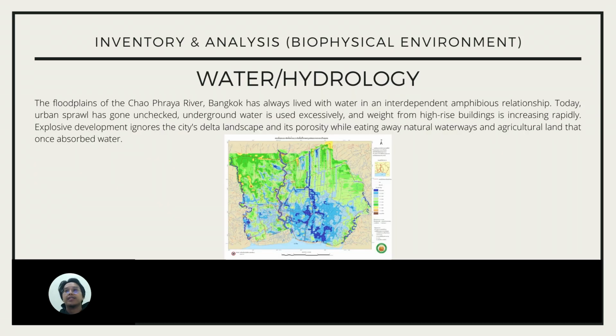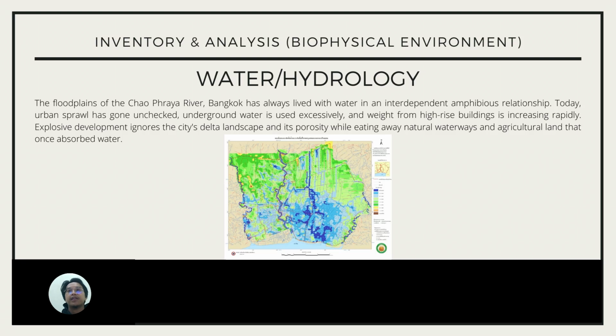The third one is water. On the floodplains of the Chao Phraya River, Bangkok has always lived with water in an interdependent amphibious relationship. Today, urban sprawl has gone unchecked. Underground water is used excessively and weight from high-rise buildings is increasing rapidly.